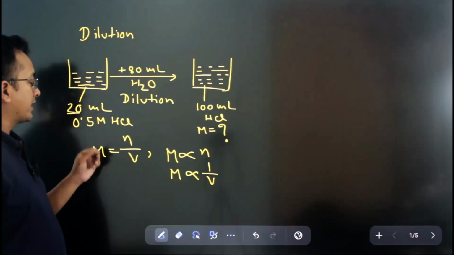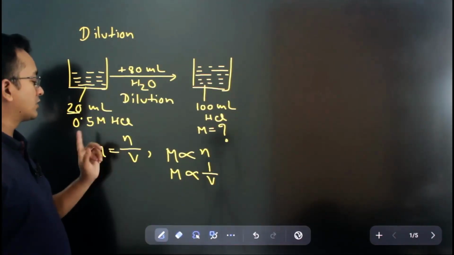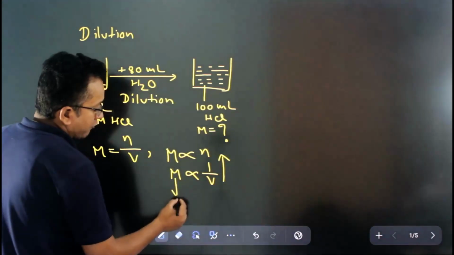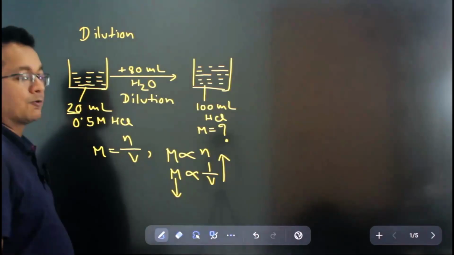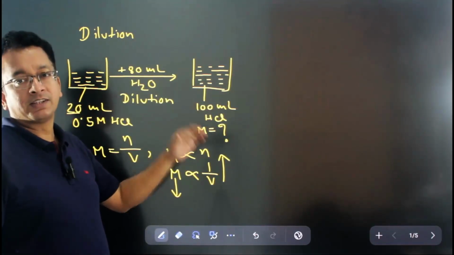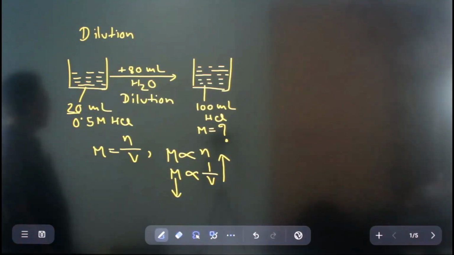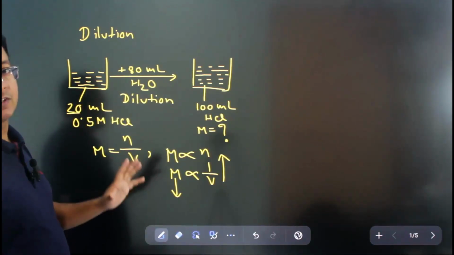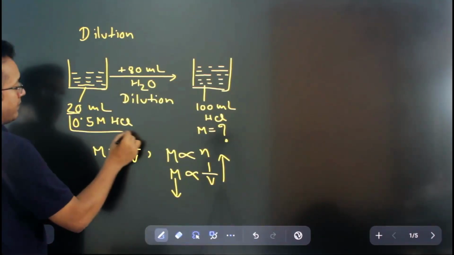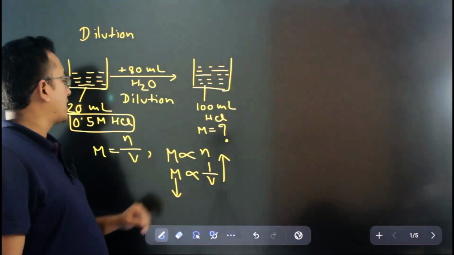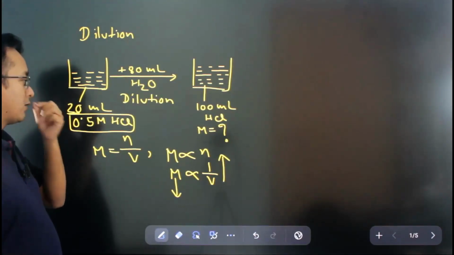So if volume increases, molarity will decrease, and during dilution volume always increases, and as a result molarity always decreases. It means that the final molarity will be less than 0.5 molar.